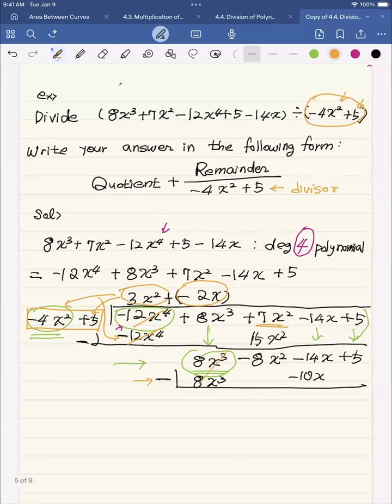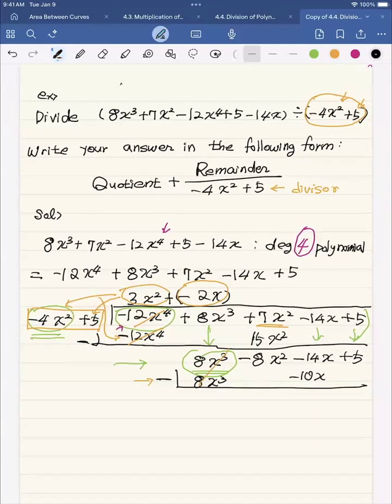Then the first term will vanish. And if nothing appears right below, we will just write the same. Negative 8x squared, negative 14 minus 10 will make negative 4x plus 5.